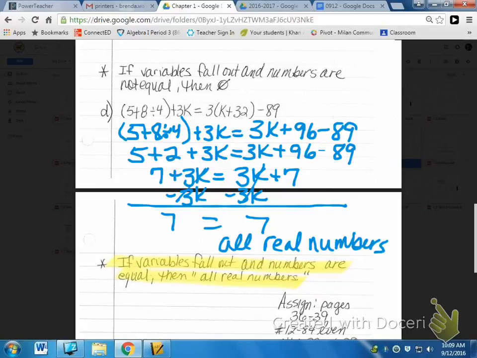Now, I will tell you, on an I-STEP test, they sometimes, instead of saying all real numbers, say infinitely many solutions. So go ahead and write that there somewhere. Infinitely many solutions. And that just means there are more numbers than you can count, everything, all real numbers. So infinitely many solutions and all real numbers.